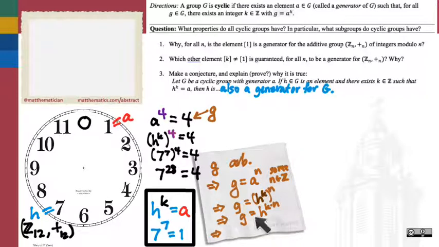Because k and n are integers, and when we multiply two integers, we get another integer. Integers are closed under multiplication. So G is equal to H to the z, for some integer z.